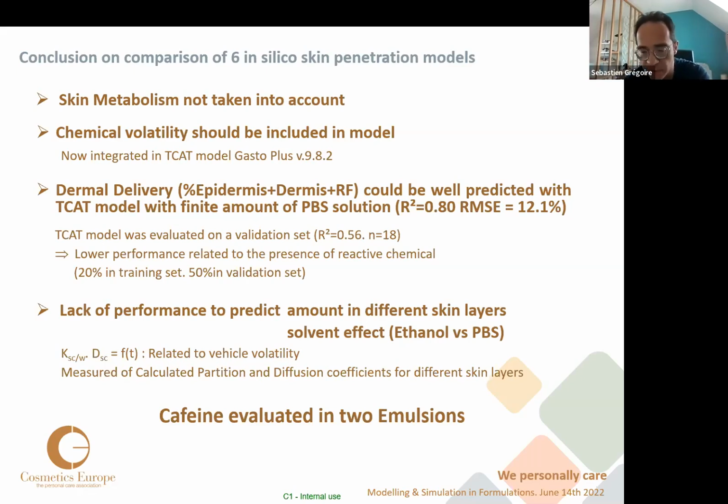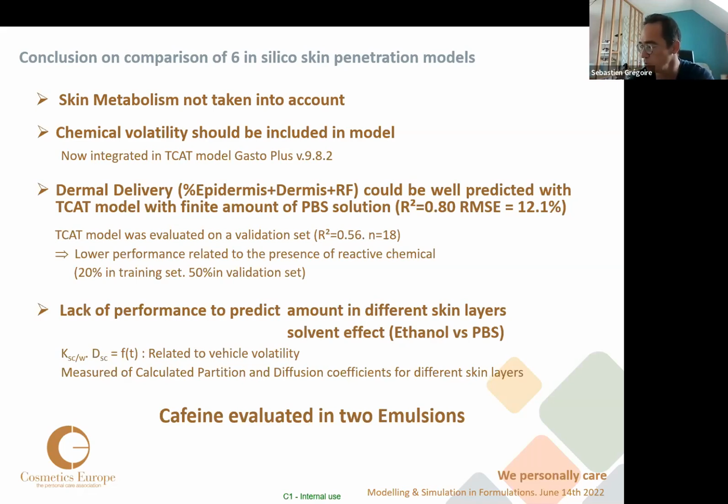So that's why the second part of the study. Of course, cosmetic formulas are not simple aqueous solutions, are not simple ethanolic solutions. So we want to evaluate the performance of the model with much more cosmetic kinds of vehicle.